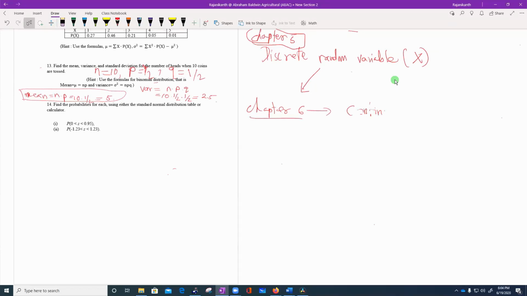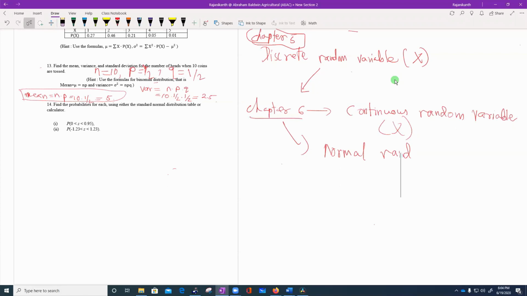There are plenty of continuous random variables, but especially here we are talking about the continuous variable which is about the normal distribution. Chapter 6 especially talks about the normal random variable.